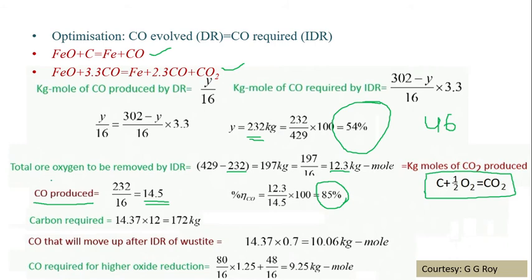So what is the requirement of carbon? Carbon required will be 14.5 into 12, that will be 174. The CO that will come up after indirect reduction of wustite, that means 14.5 into 0.7, will be 10.15 actually.